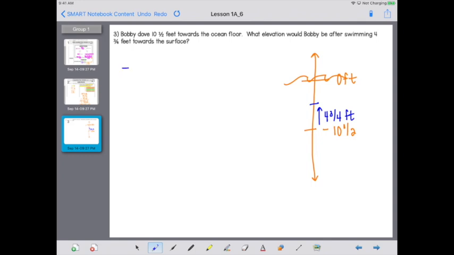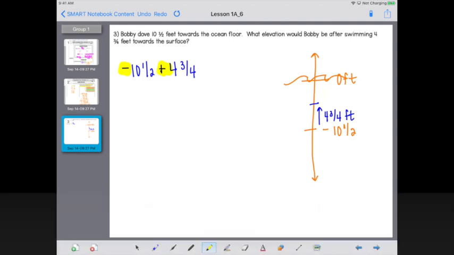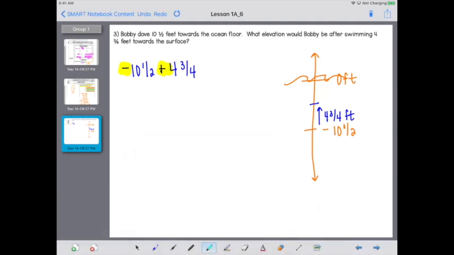So we have negative 10.5, and we're going to add 4 3/4. If I see that I have a negative and a positive, I know my answer is going to have the sign of the larger absolute value, which in this case is your negative 10.5.